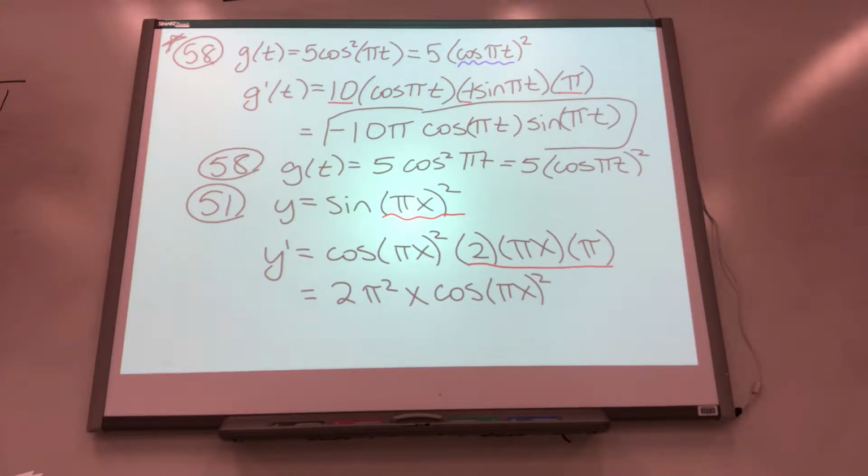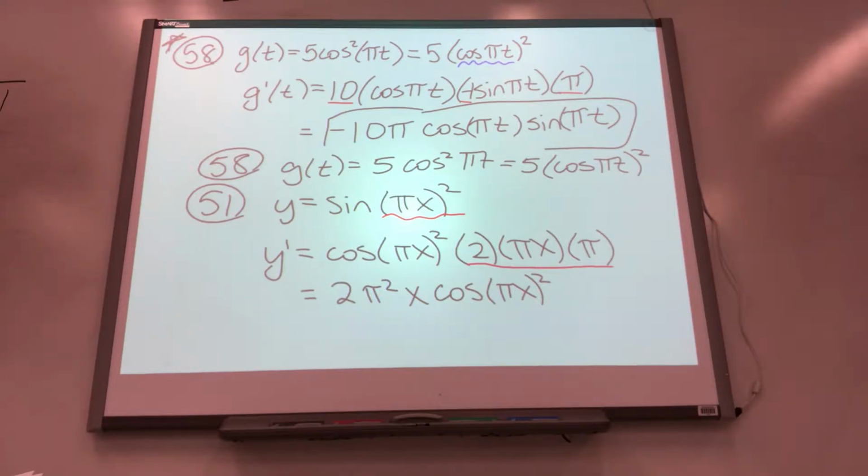All right, 54 we already did, 55 you skipped, 56, hopefully you did that one like the last one in the notes yesterday. Rewrite cosecant as 1 over sine, and then you just do the product rule. That one ends up being cosine squared of v minus sine squared of v, and you can just leave it like that.